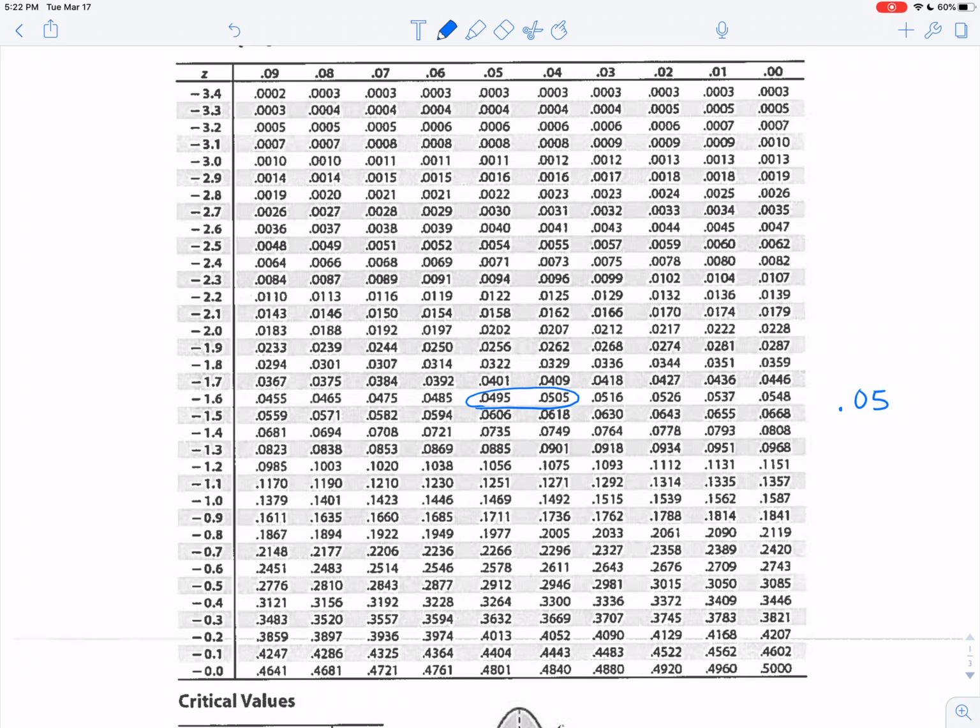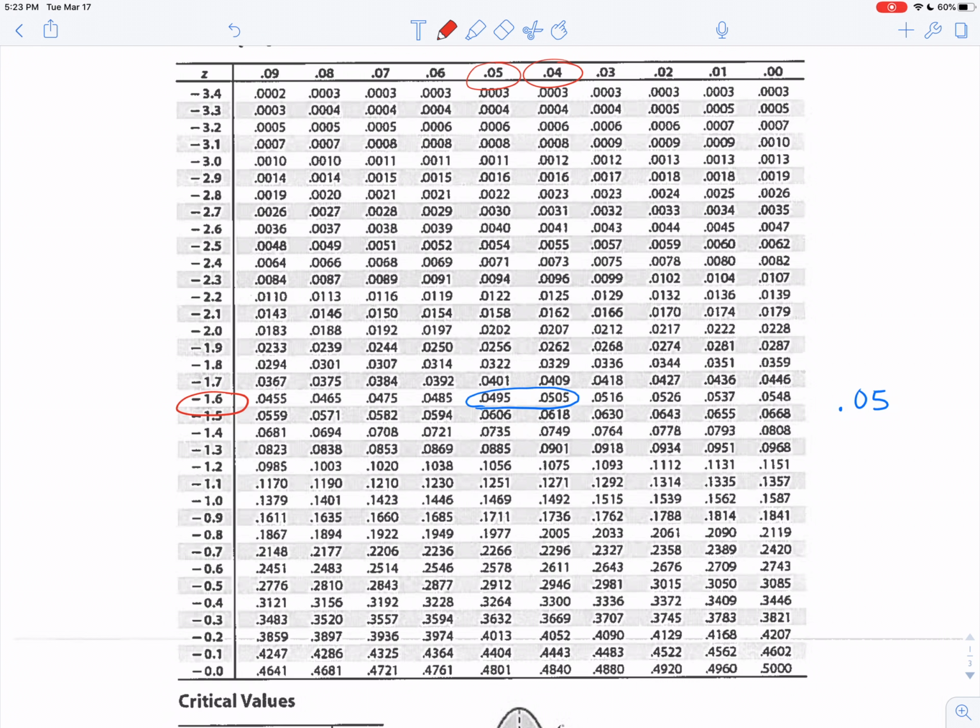And so what we would do in that case is we would take an average of the z-scores, add them together, divide by 2, and we would use a z-score of negative 1.645. All right, you only see that in certain places in the table, so normally it's just pick the one that gets the closest. But if you can't, this is how you handle it, which is just averaging z-scores.